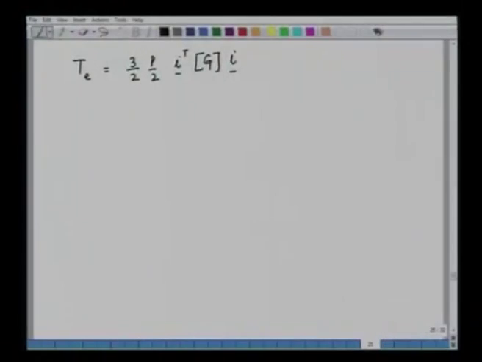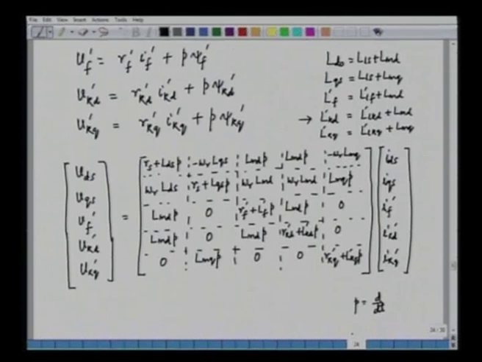So let us see what is this G matrix. This G matrix we can find out from the previous expression. From this we can find out the G matrix, and the G matrix will have these elements, the speed terms. All the speed terms will give us the G matrix.